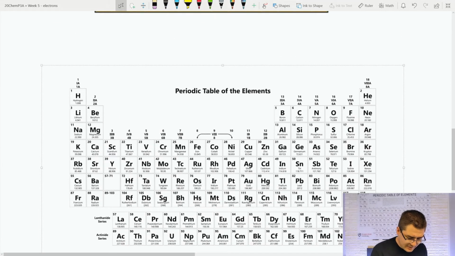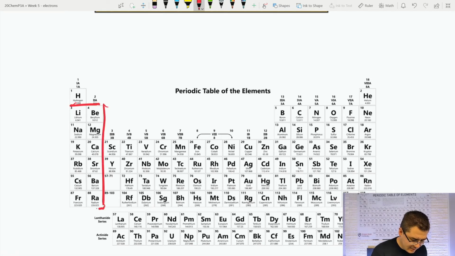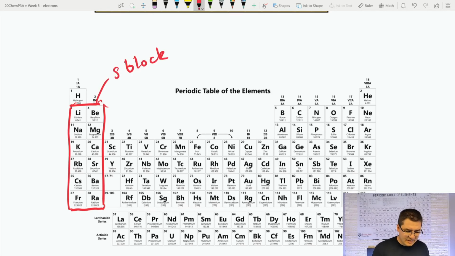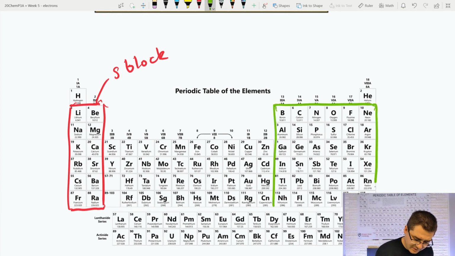This block of elements, containing the alkali and the alkaline earth metals, is known as the S block. Group 3 through group 8 is known as the p block.